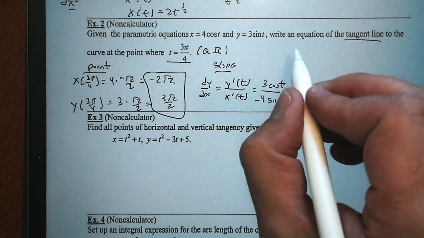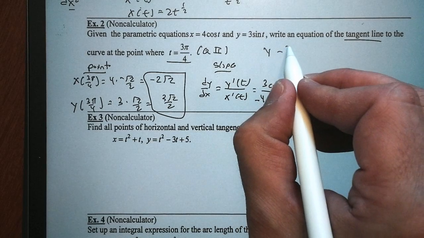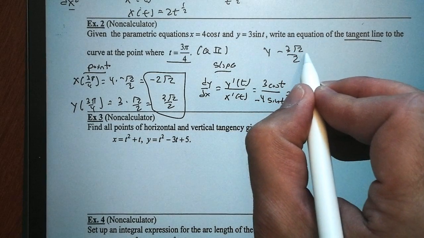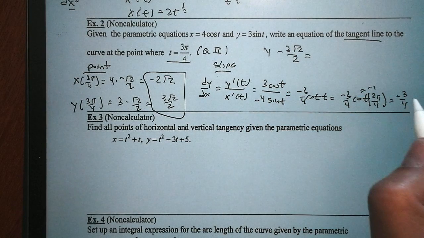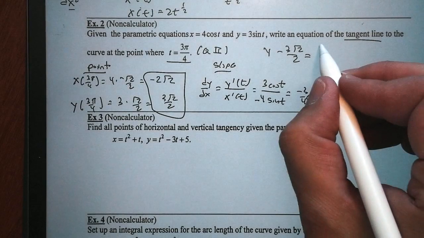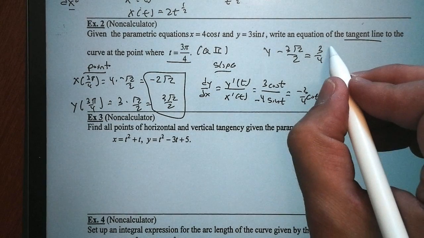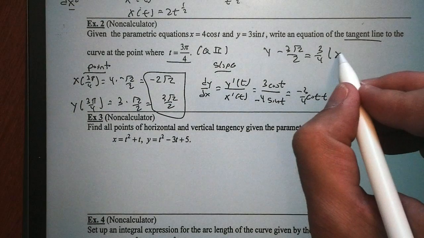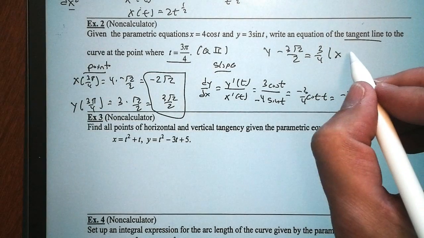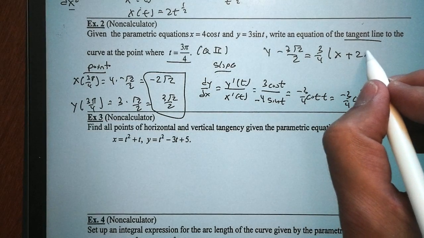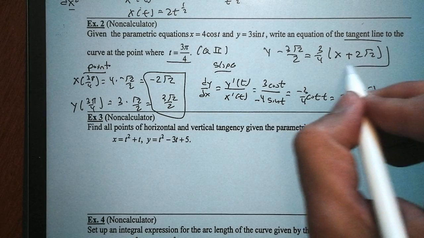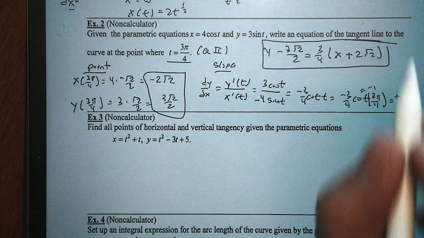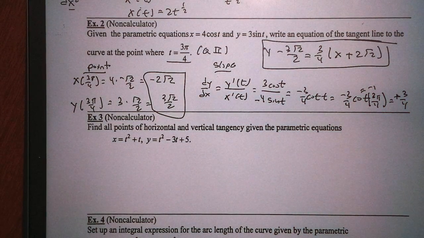So my tangent line, y minus 3√2 over 2 equals my slope, positive 3 over 4, times x. It says minus, but we have to put a plus here because the signs change, 2√2. And there is the equation of our tangent line.